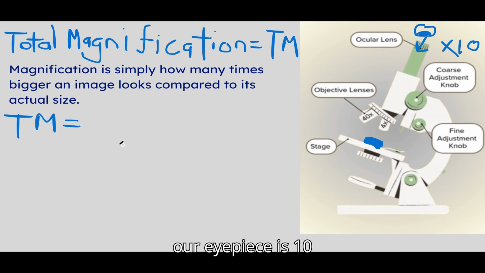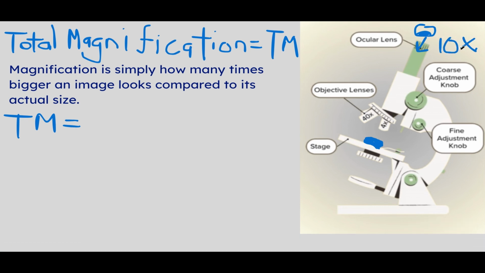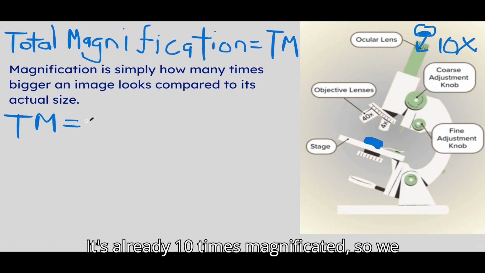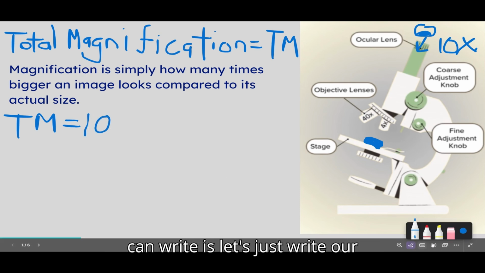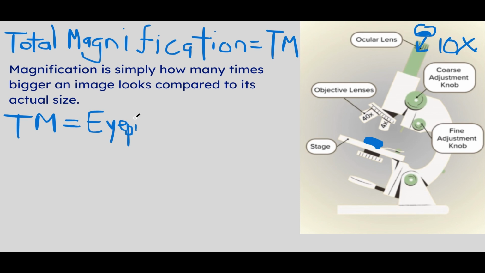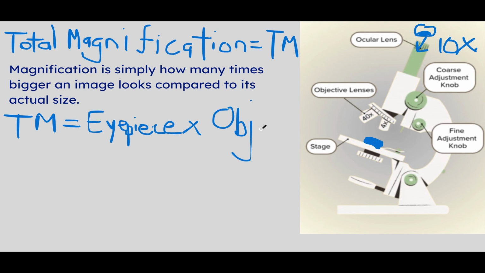Remember, our eyepiece is already 10 times magnified. So we are going to write it down. Let's first write our formula. It is first the eyepiece times the objective that we are using.